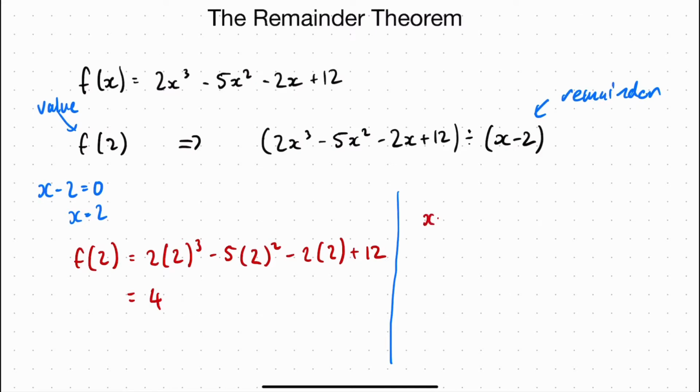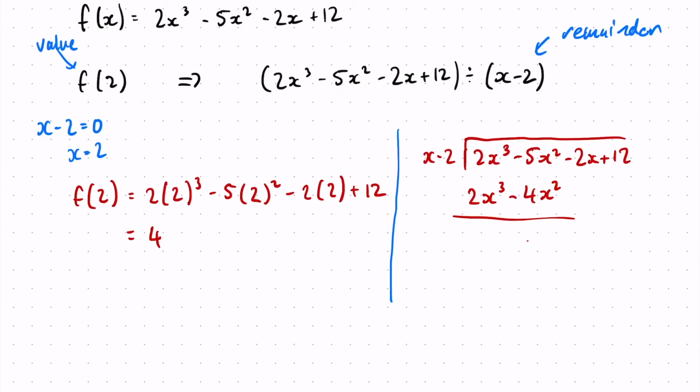So x minus 2 going into 2x cubed minus 5x squared minus 2x plus 12 multiplied by 2x squared gives me 2x cubed minus 4x squared, leaving me with minus x squared. So I multiplied by 2x squared to get rid of that. To get rid of minus x squared, I also need to bring down my minus 2x plus 12.